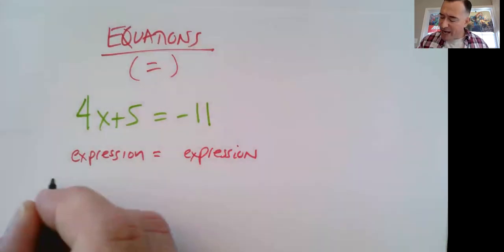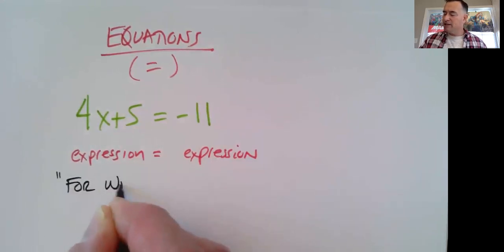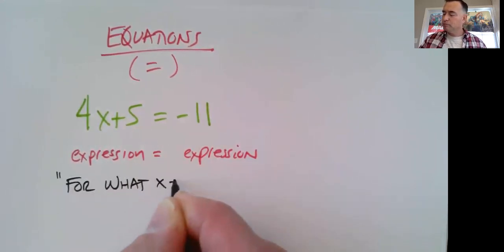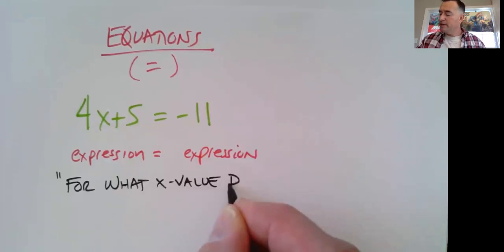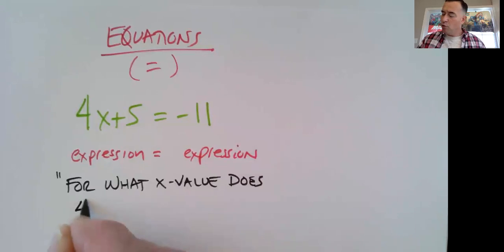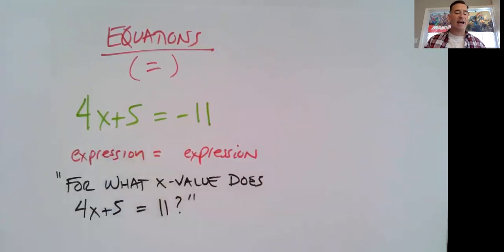So here, the question actually being asked is, for what x value does 4x plus 5 equal -11? Question mark. It's asking, what is that x that makes this true? Now, here's the thing that's great about the way that I set up these examples.